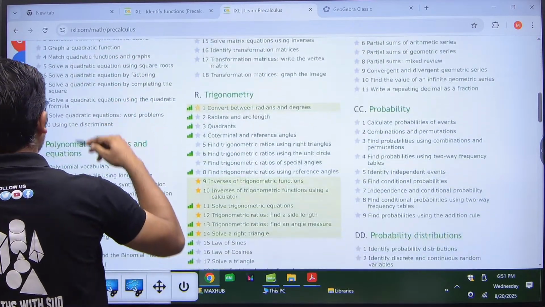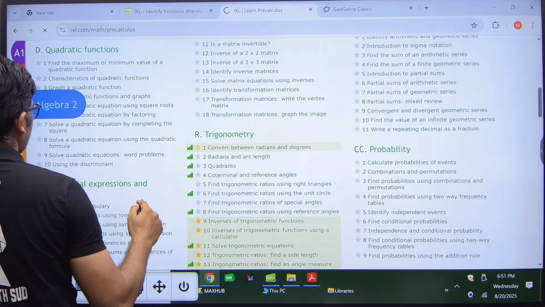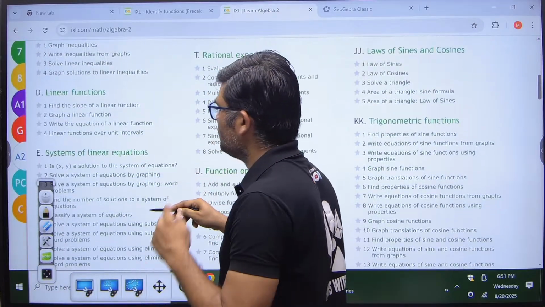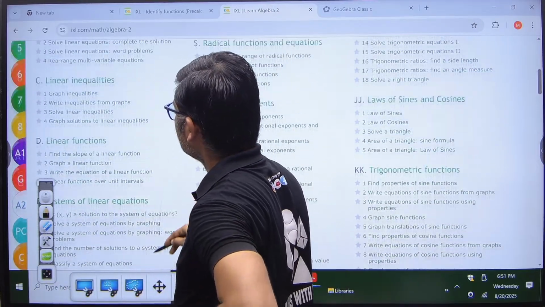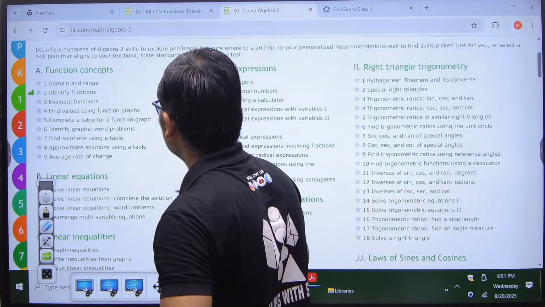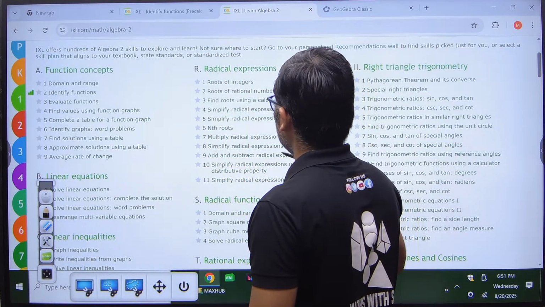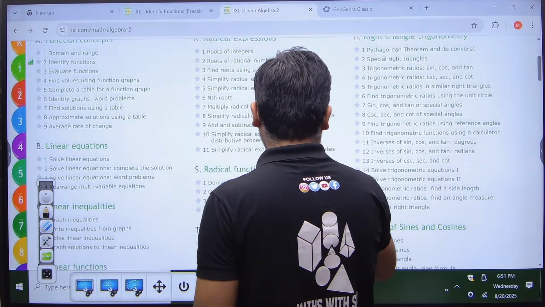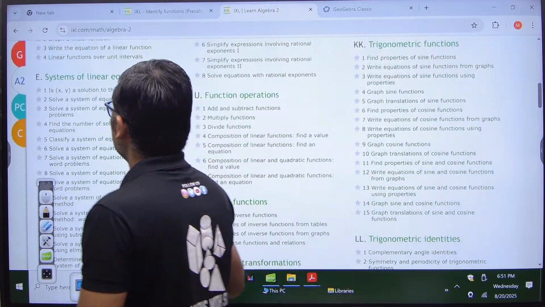So done this part. Let us see if you can understand what you were saying. Linear functions, find the slope. Do I do A2 or A3? Wait, let us first understand what you were asking me.